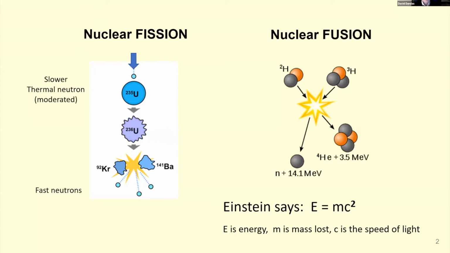On the left-hand side, a slow neutron is coming in, hitting uranium-235, which gets unstable and transforms into uranium-236. The numbers indicate a neutron added, so 235 to 236 is an extra neutron, but that's very unstable, and it splits into krypton and barium with 3 fast neutrons coming out, which go on to do other things.